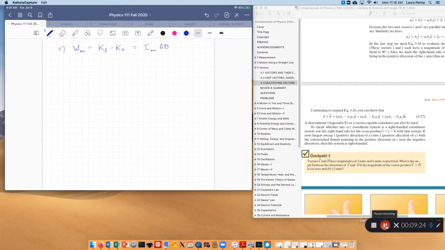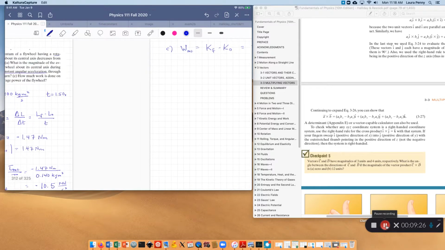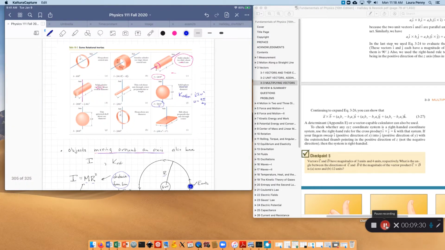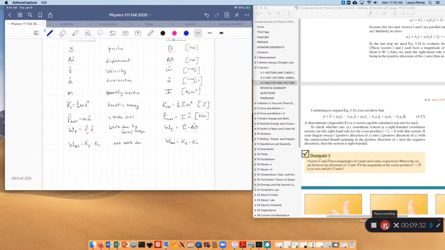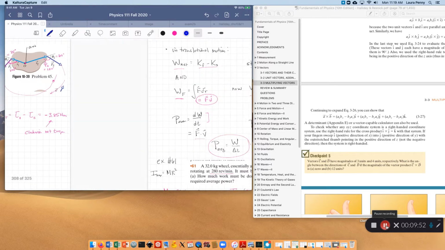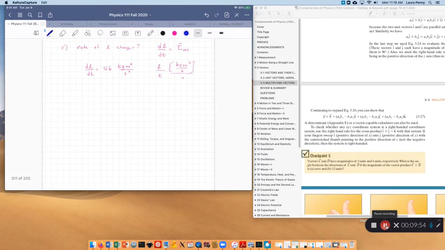Right, net work, sorry, this is so far back, but the work done, where is our, there it is. So the work done by a torque is the torque times the delta theta, but if you know the net torque, then the net torque would stand in here and the delta theta would go in there, and this would become the work done by the net torque. So I don't know which one of those would be simpler.